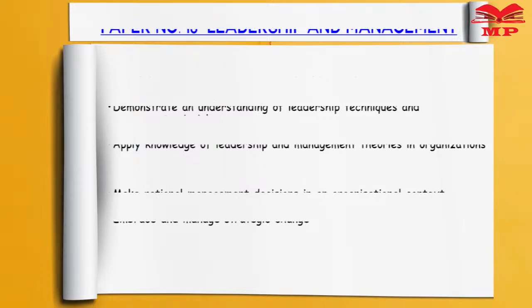It's not just about knowing the principles or memorizing a few concepts. At the end of the training, it is envisaged that you should embrace and manage strategic change among the other objectives that I have read.